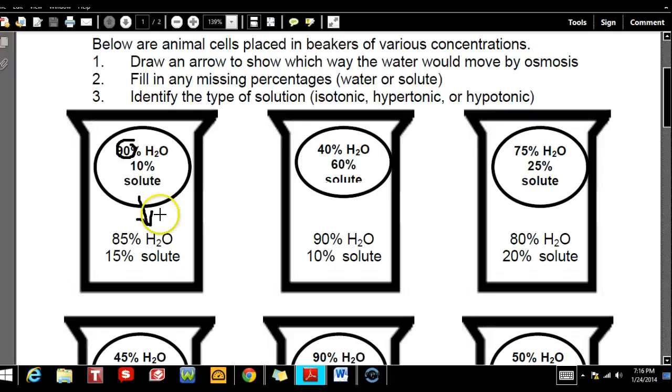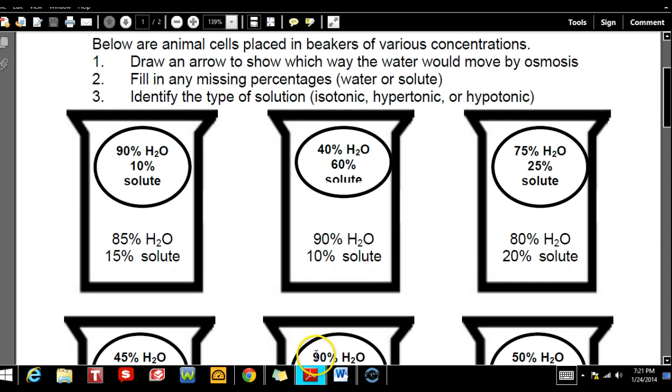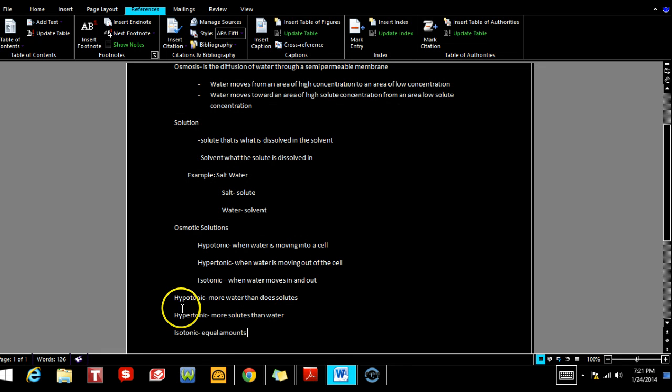Now, I also talked about identifying the types of solutions, isotonic, hypertonic, or hypotonic. Like I said, these are in relation to each other. So if we're talking about this beaker right here, like I said before, hypotonic is going to have more water than it does solutes, and hypertonic is going to have more solutes than it does water.